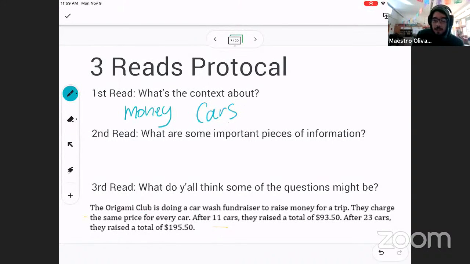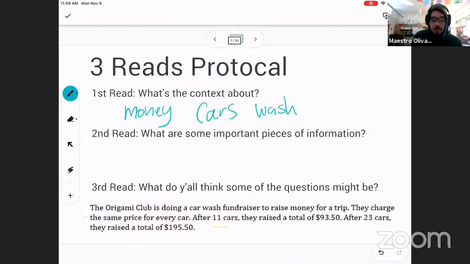What are we doing to the cars? Car wash. Yeah, it's a car wash, right? And people are fundraising money. Beautiful. So we know what the problem is. It's about a car wash and people are washing cars for money. Perfect. The second time we read this problem, I want you to think, what are some important pieces of information?